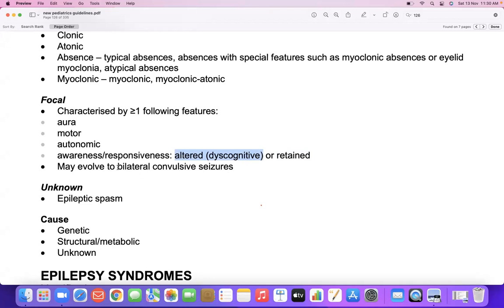Okay, they may evolve to bilateral convulsive seizures, and sometimes initially focal, they may later become generalized. Then unknown epileptic spasm. Other causes for these epilepsies will be genetic, metabolic, or even unknown, idiopathic.